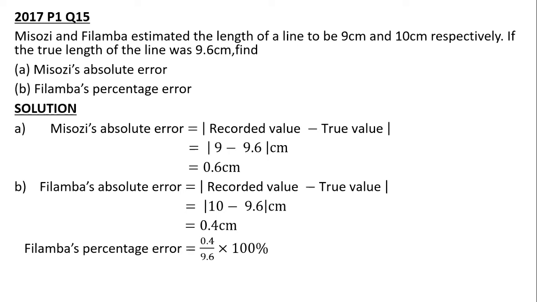So Filamba's percentage error is the absolute error divided by the true value times 100%. So we are going to say 0.4 divided by 9.6 times 100%. Filamba's percentage error was 4.17%.